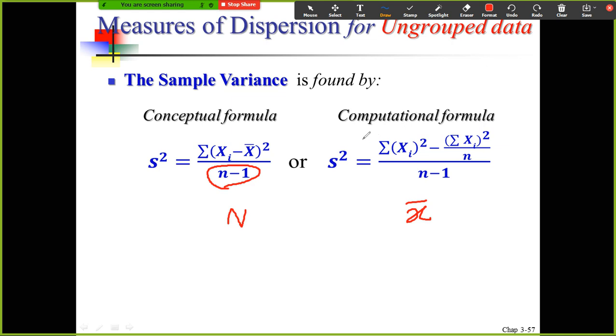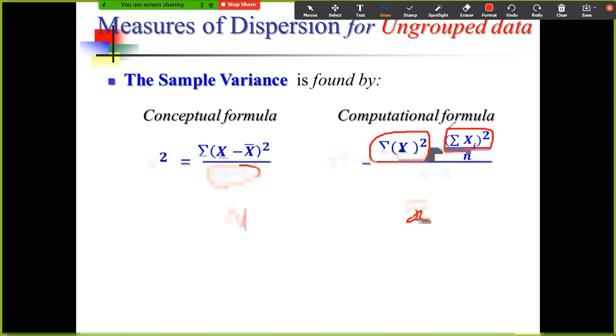So when you look at the computational formula for a second, you may think that these two factors are the same. But actually they are not the same. So try to look at this carefully in order to get a clear understanding.